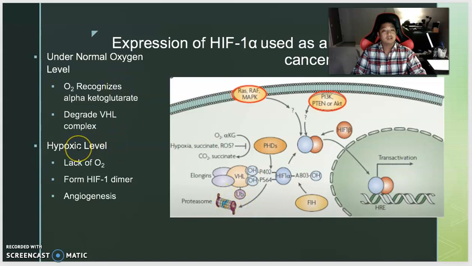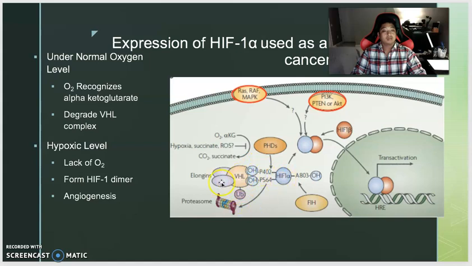Now, under hypoxic levels, as we all know at this point, there is a lack of oxygen. We'll take out this schematic of the flow here, and it will not allow hydroxylation of the HIF1 alpha unit here, thus hindering VHL and ubiquitin from binding to it.